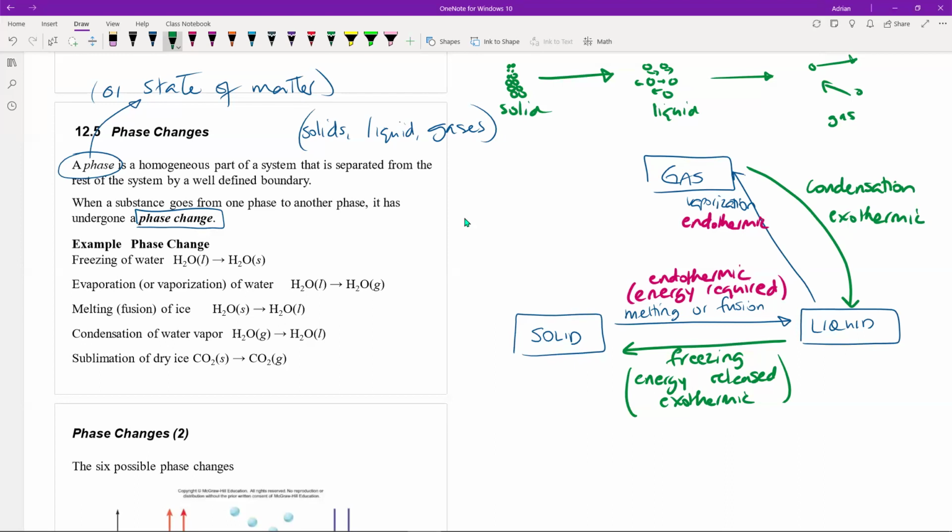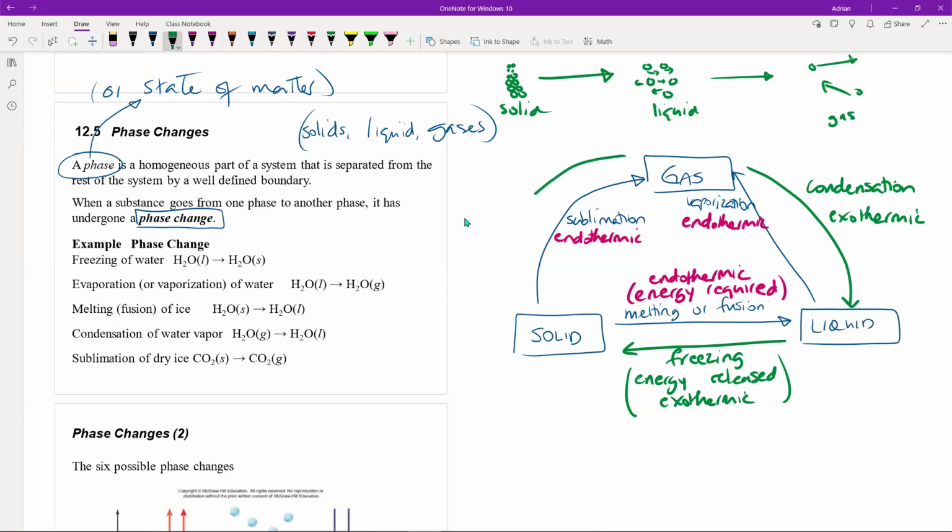In some cases, we can go directly from the solid state or the solid phase to the gas phase, and that process is called sublimation. And obviously that will also require energy because we can think of it as a sum of melting and vaporization. So that's endothermic. We need to provide energy to cause the solid particles to break free from each other to go into the gas phase.